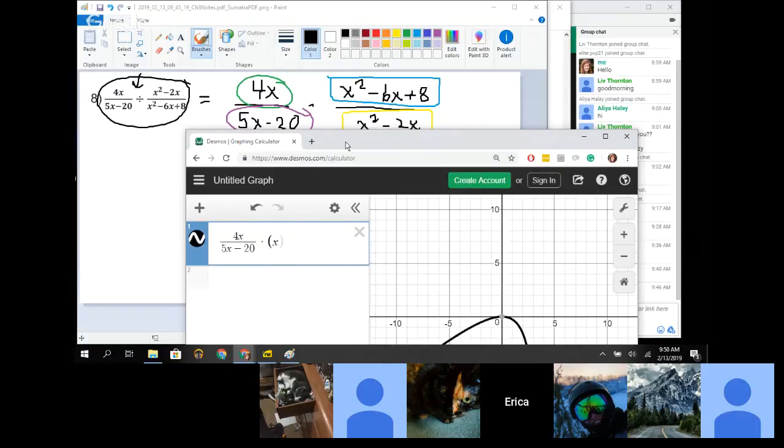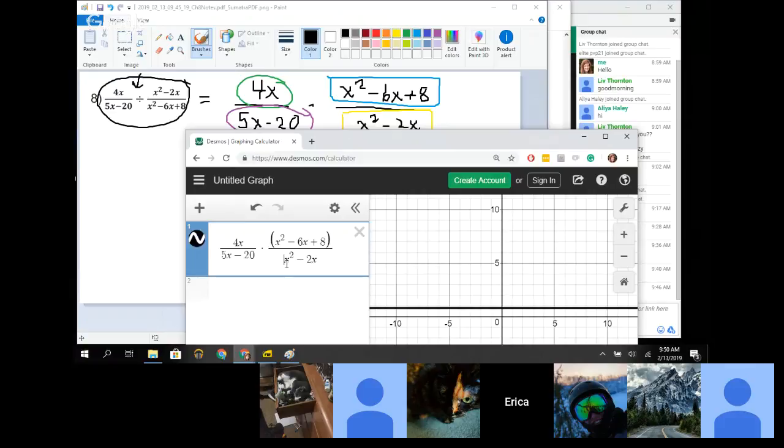And the top is x squared minus 6x plus 8 divided by x squared minus 2x. I think I put an extra little thing in there. Oh, okay, undo that. There we go. All right, so if you see on your graph here, the answer is y equals 0.8, which is 4/5. It always just equals 4/5. I thought maybe it would tell us the answer, but it's always 4/5.